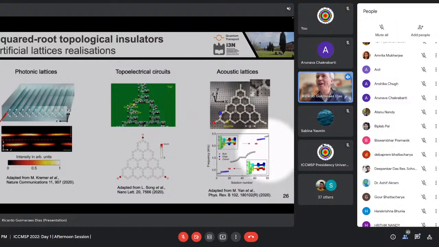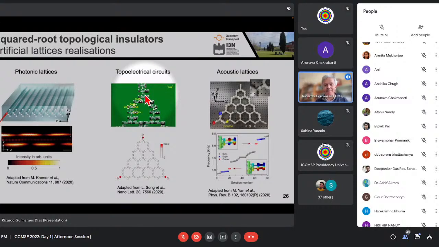There have been quite a few experimental realizations of these square root topological insulators. This is the same paper that I've shown you before, in a photonic lattice. But there are other realizations in acoustic lattices, and even some mechanical ones with springs and masses.